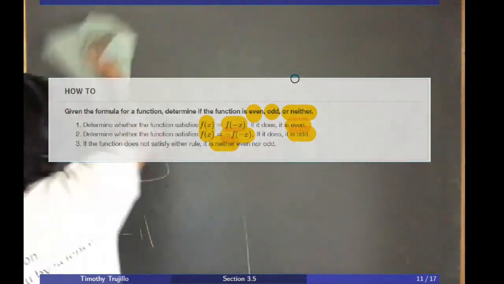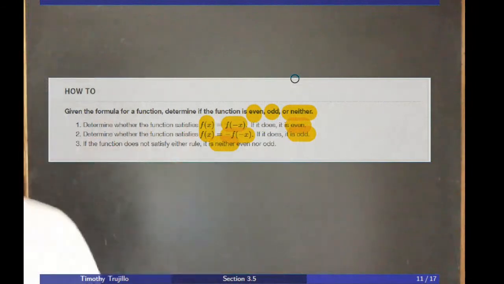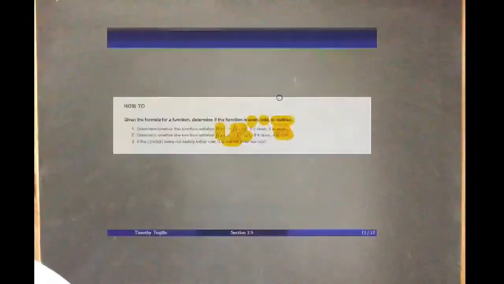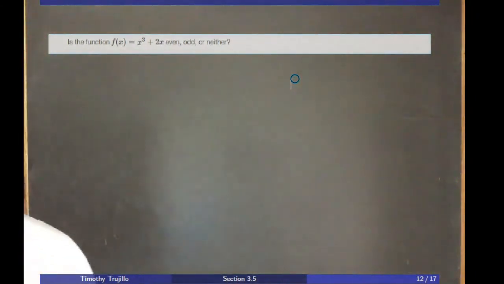So let's go through and do an example to determine if the function is even or odd. And in this case, I'm going to do this guy. So the task here is f of x equal to x cubed plus 2x: even, odd, or neither?